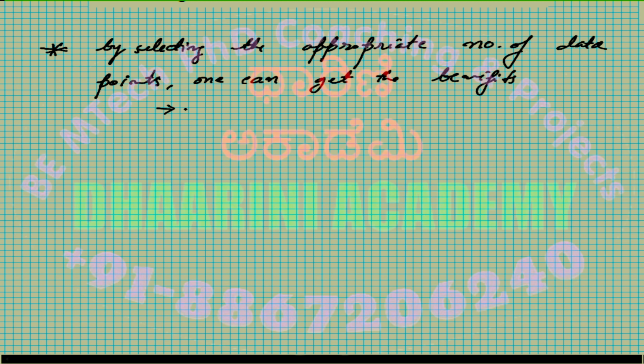What are the benefits? The first benefit is the speed of SGD. Quickly you calculate the error and you can update.